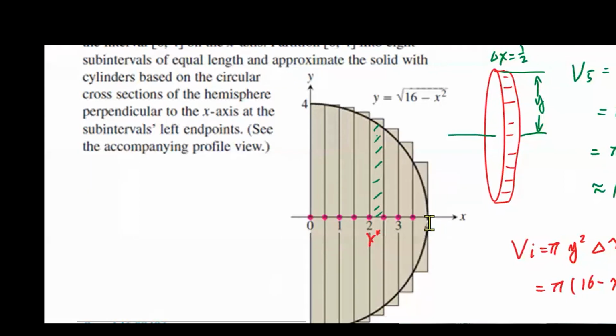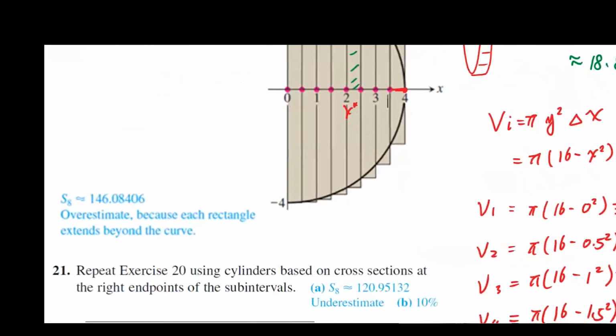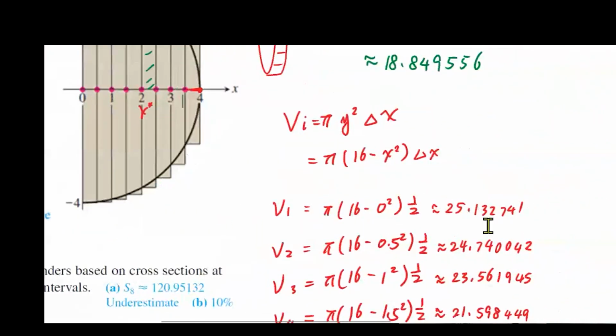If I use this point and throw it here, I'm gonna throw it with red so you can see it. That rectangle has a height of 0 now, doesn't it? So all we have to do is just recycle our work, except throw this one out.